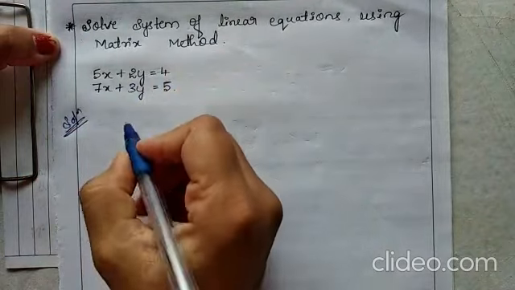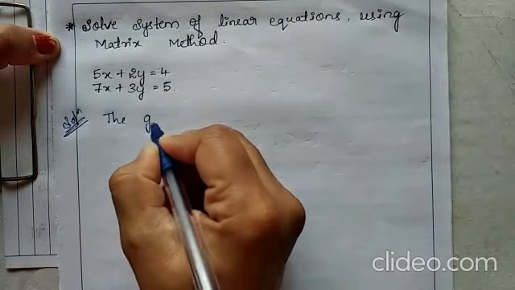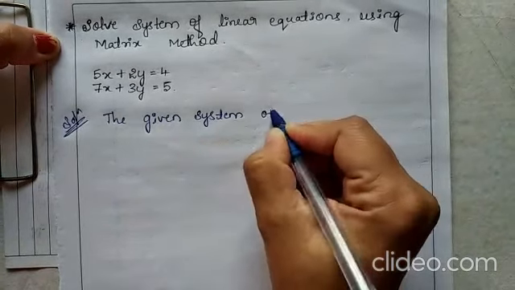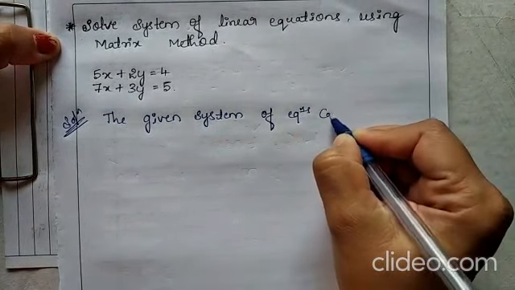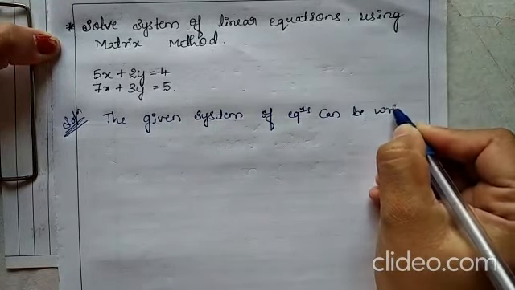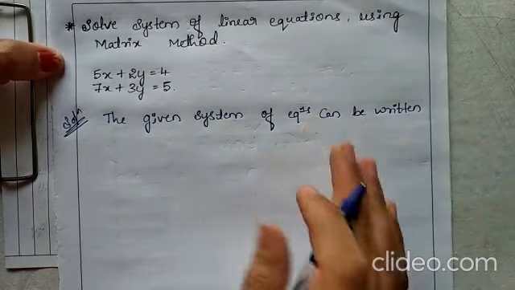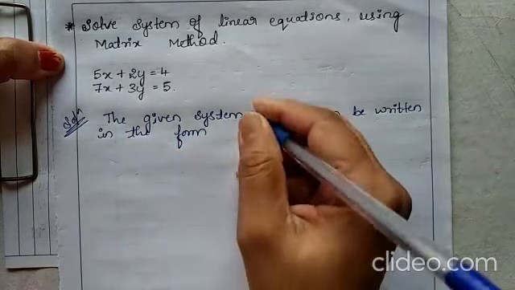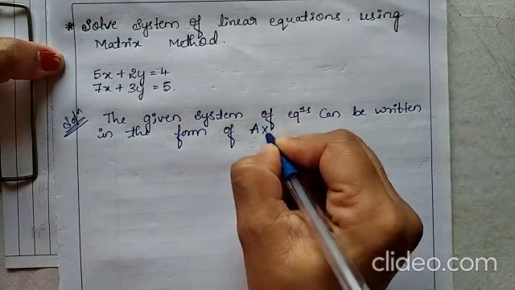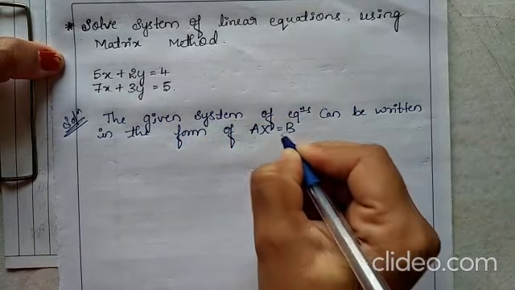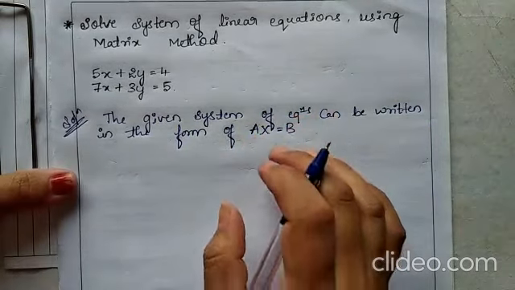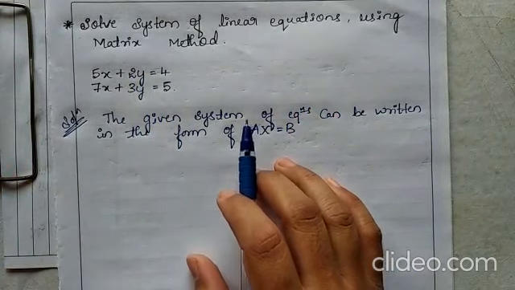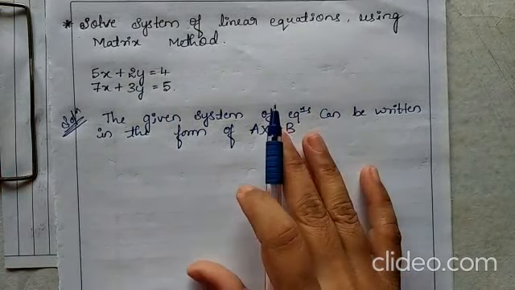So here the given system of equations can be written in the form of Ax equals to B. The procedure to find the values of x and y is the same as finding the consistent system, as I solved in the previous video.